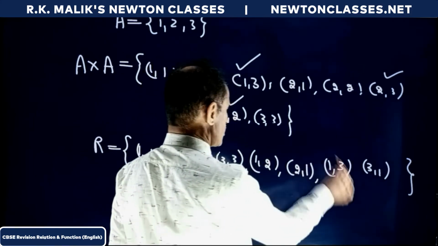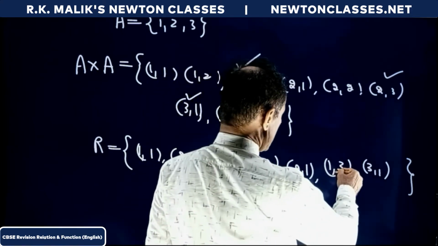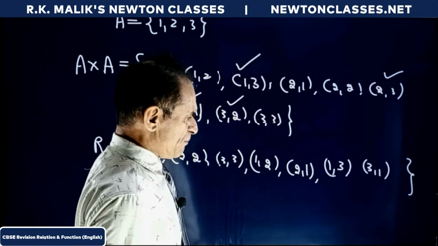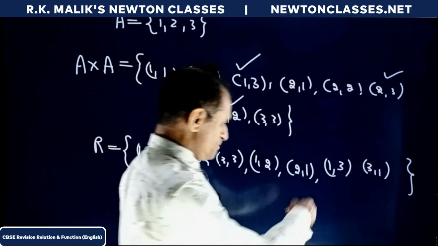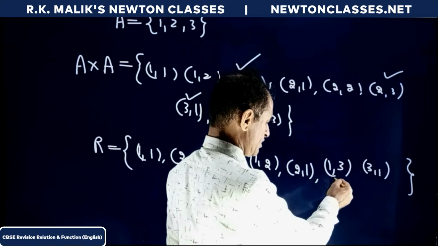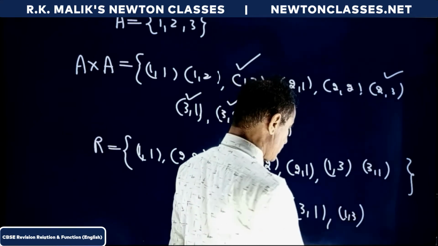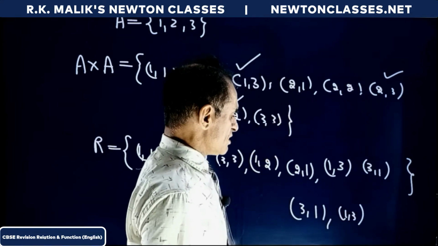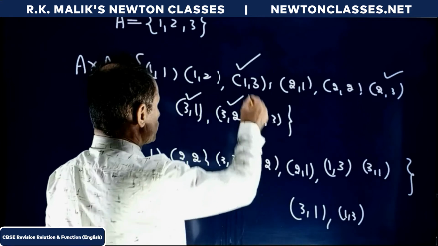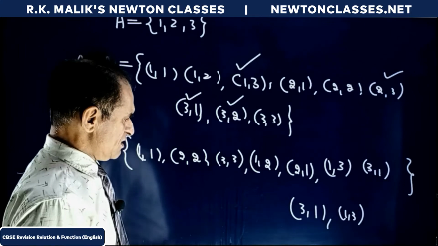For example, on these two, condition of transitive relation is not applicable, but on these two the condition of transitive relation is applicable and it is being satisfied because the result says that (1,1) should belong to R. And if I keep (3,1) first and (1,3) afterwards, then also the condition of transitive relation will be satisfied. Hence we have found that after including (1,3) and (3,1), the relation R is still an equivalence relation.